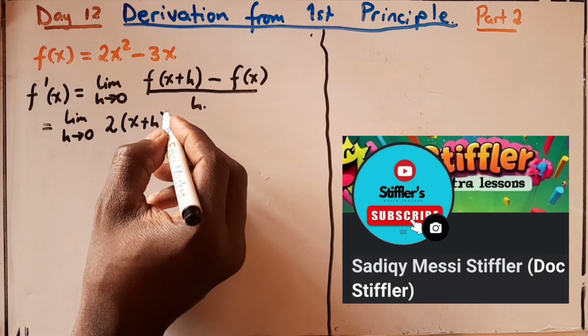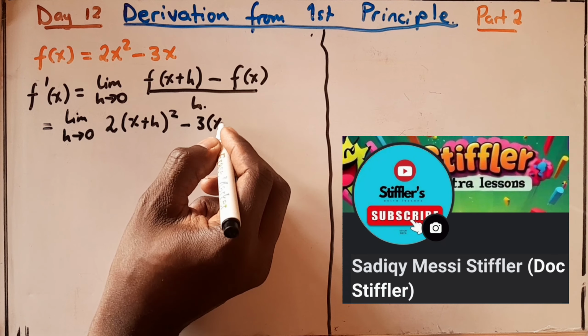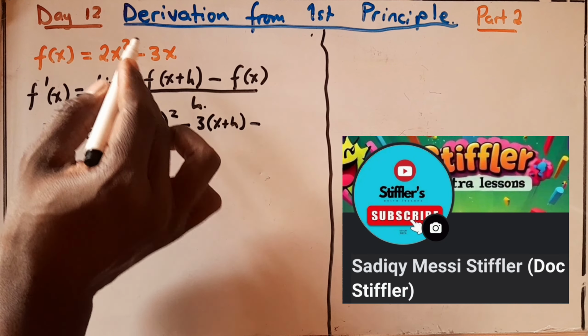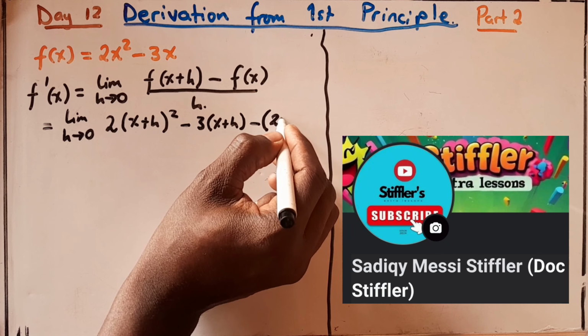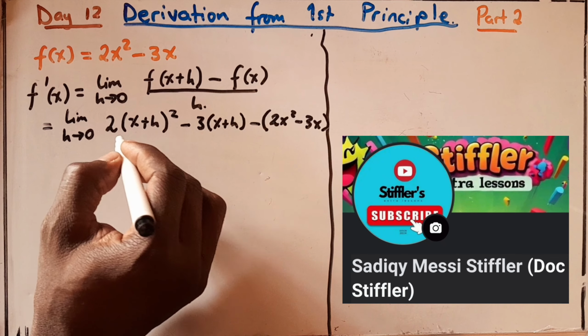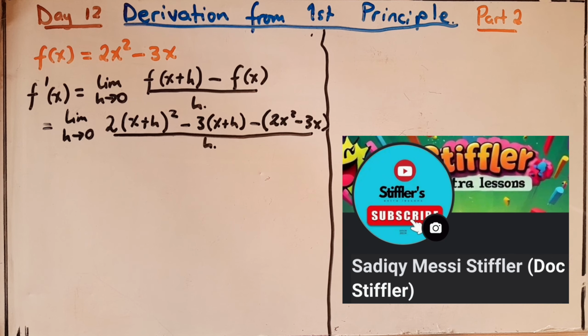There's a square there, so we're going to say squared, minus 3 and also x plus h. So minus our f at x, this is our f at x, so we can put that in brackets. So this is 2x squared minus 3x all divided by h, right?